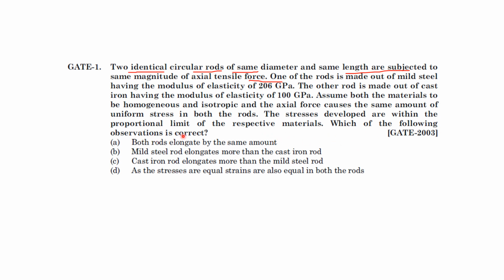Which of the following observations is correct? Both rods elongate by the same amount, mild steel elongates more than cast iron. They are talking about which has more elongation, that we have to compare. They have given the elastic modulus and they are comparing their elongation. So let's see the solution.